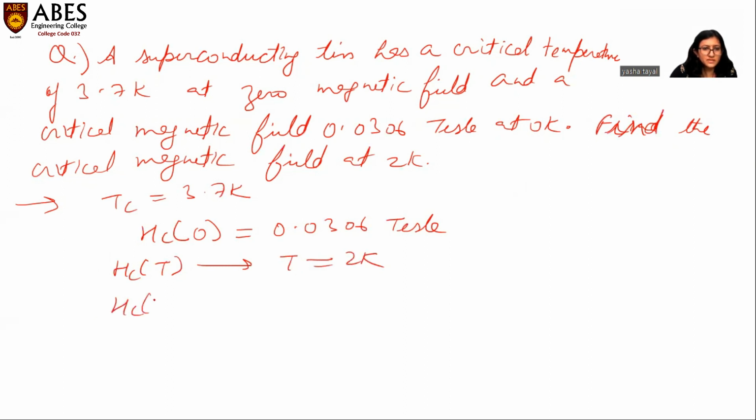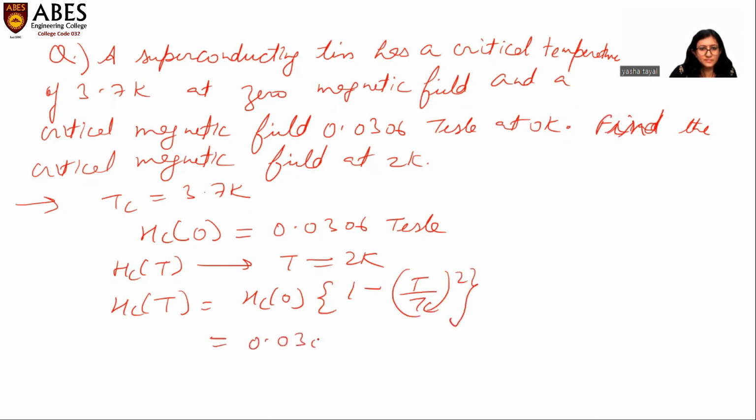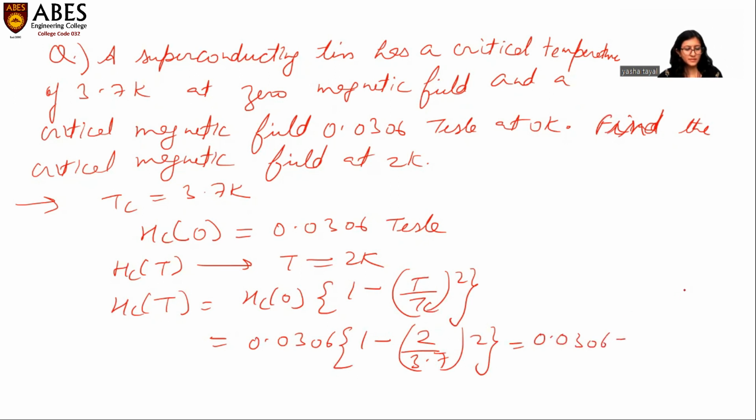So the formula for this particular part goes in this form. I'm going to substitute the values. When we solve this value, what we find is 1 minus 0.2922.